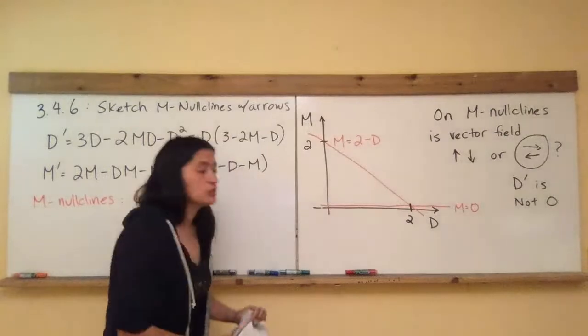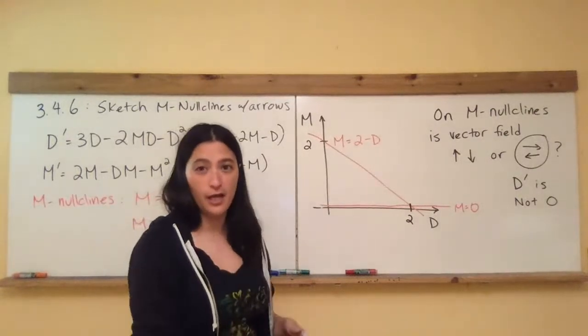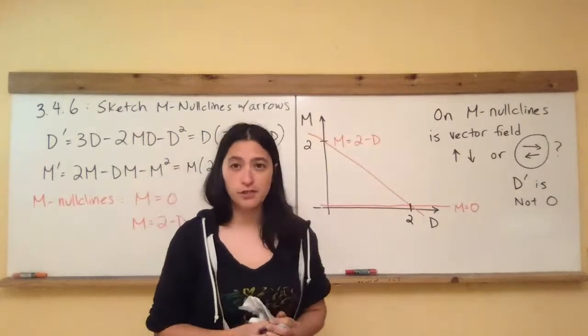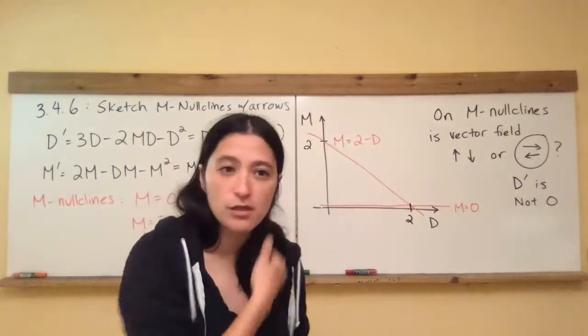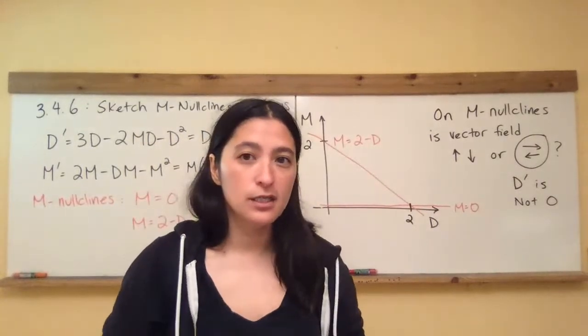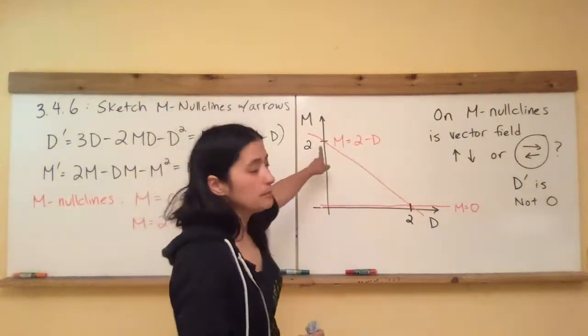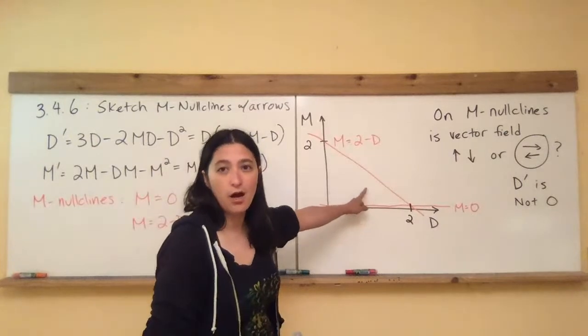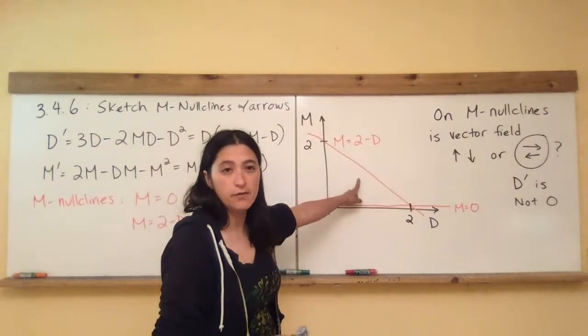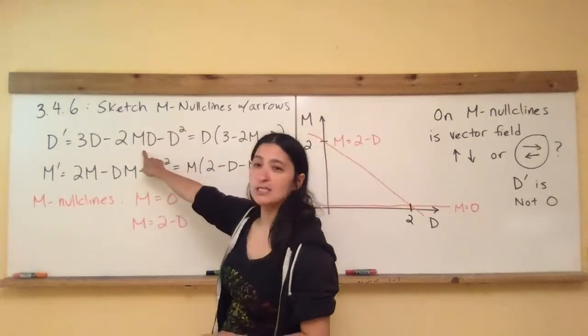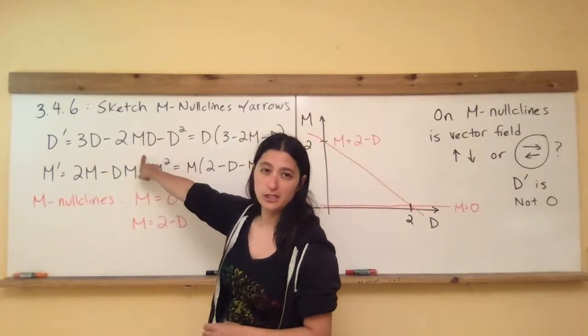So the vector field is just going to be left or right, okay? Now that we know that, it helps us figure out how to proceed, and it also confirms our understanding that what we are supposed to be doing next is picking points that lie on the nullcline itself, and plugging one of those points into the D prime equation.